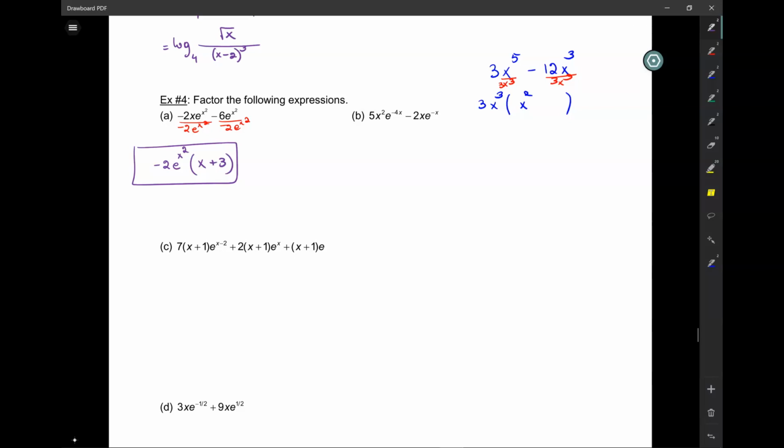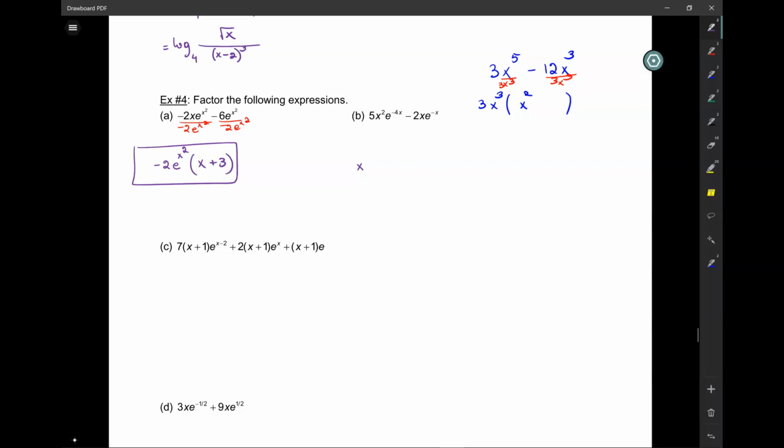Here, I can factor out an x. Now, from the e's, look at what I have: e to the -4x and e to the -x. I need to factor out the term with the lower exponent. Between -4x and -x, which one's the smaller one? -4x.